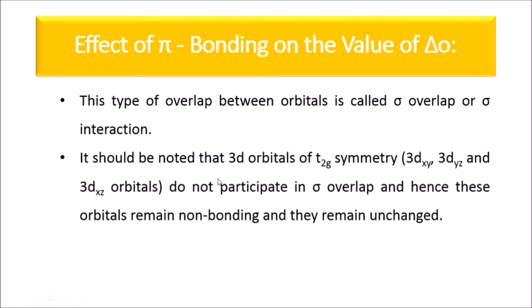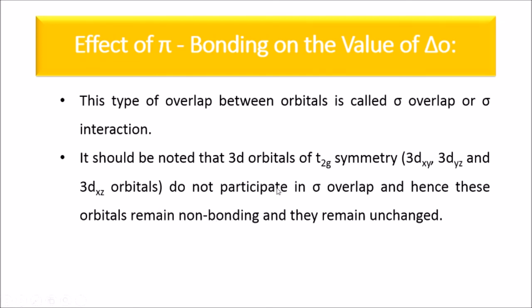It should be noted that 3D orbitals of T2G symmetry, which include 3D XY, 3D YZ and 3D ZX orbitals, do not participate in sigma overlap, and hence these orbitals remain non-bonding molecular orbitals, and therefore their energy will not get changed, and the energy is quite equal with the 3D orbital of free metal ion.